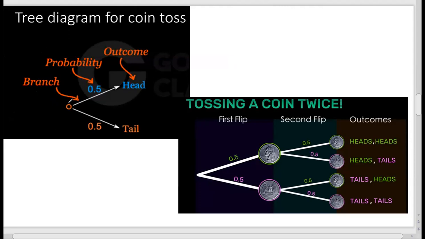If we are tossing a single coin, the outcome may be head or tail. There are two possible outcomes, head or tail, and the probabilities are 0.5 and 0.5. In the same way, if we are tossing a coin twice, then we can divide this further. This is the very best method to solve a problem.